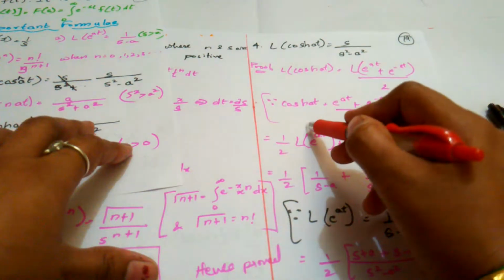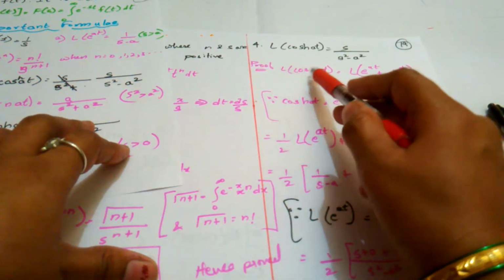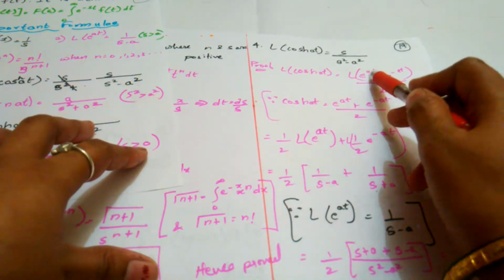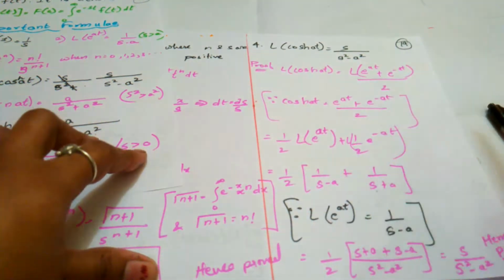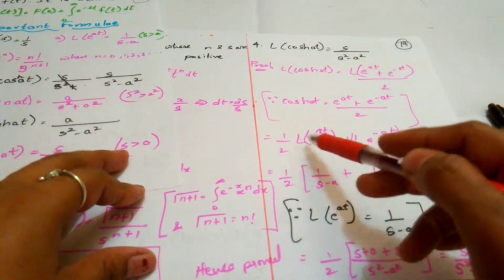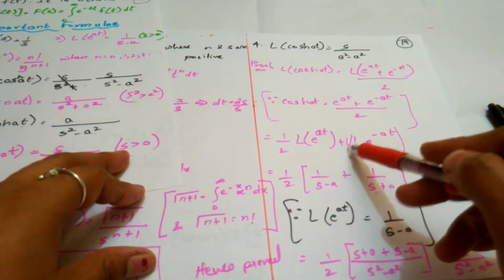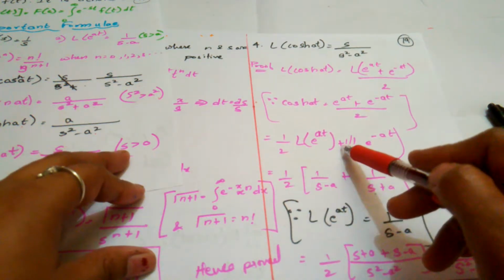So we start with L of cosh at is equal to L of e raised to at plus e raised to minus at upon 2, which is 1 upon 2 L of e to the at plus 1 upon 2 L of e raised to minus at. So we have separated the L.